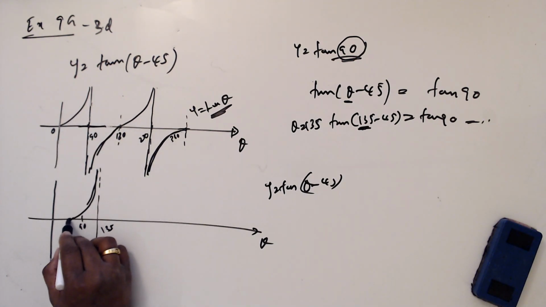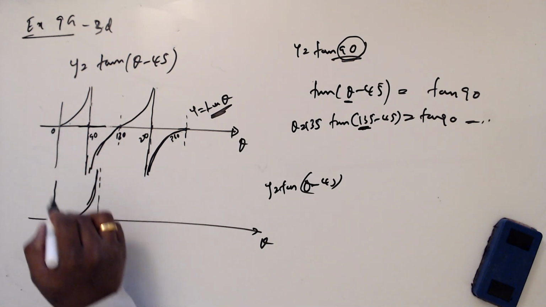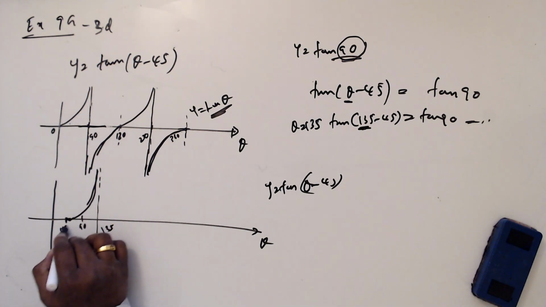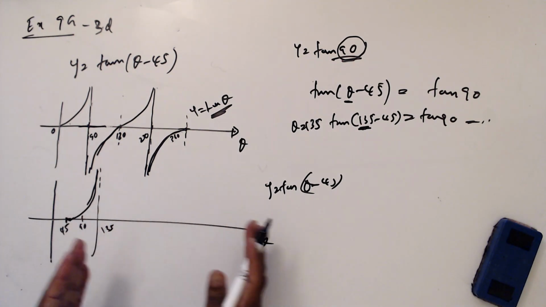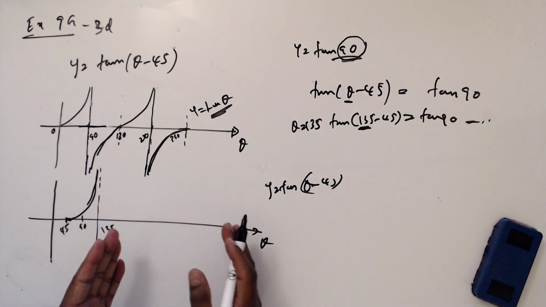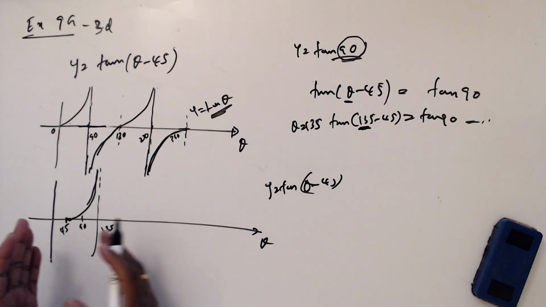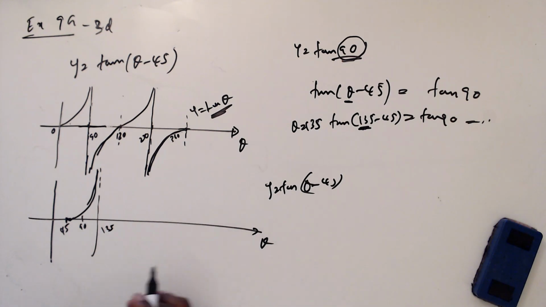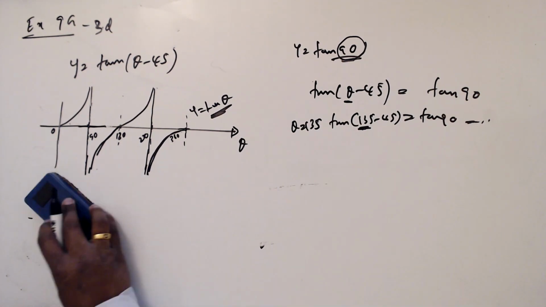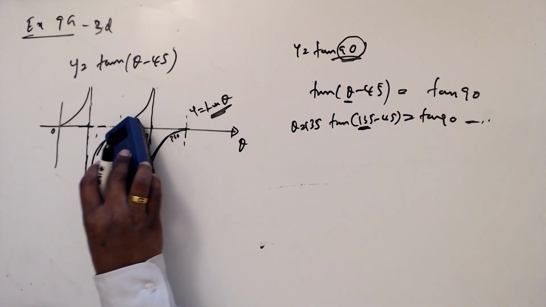And the same as this point will push up to 45. Basically, this whole graph we are pushing 45 to the right. It's a translation of 45 to the right.